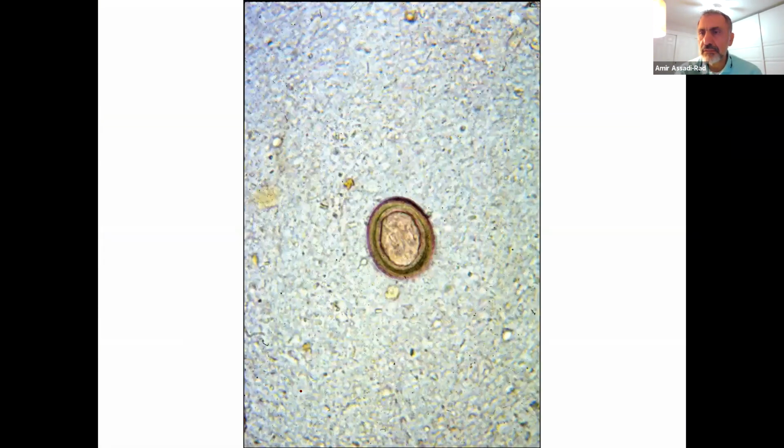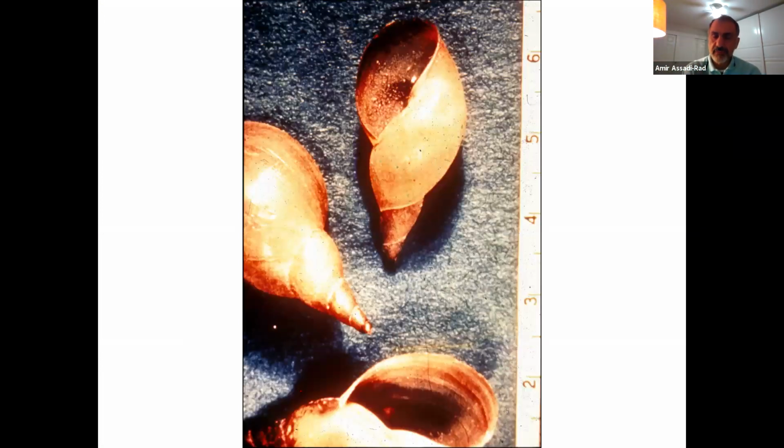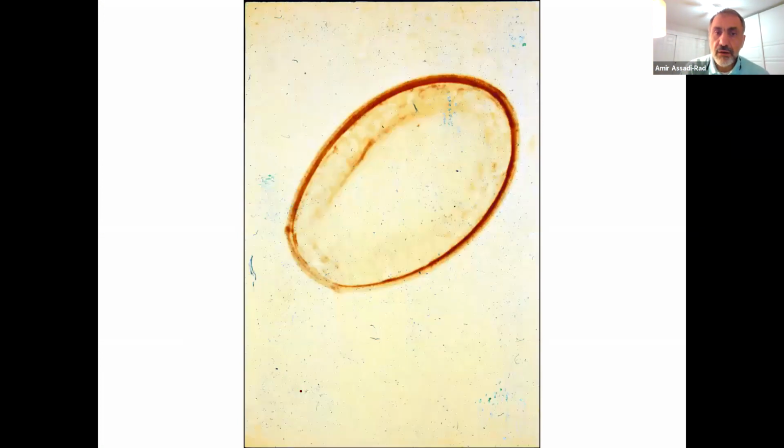This is the egg of Taenia. This is the Lymnaea, the specific snail for Fasciola hepatica. You remember we talked about the life cycle, and you already know that. Okay, this is the egg of Fasciola, and the other one, I don't expect you to know the difference, is Paragonimus westermani, the egg.